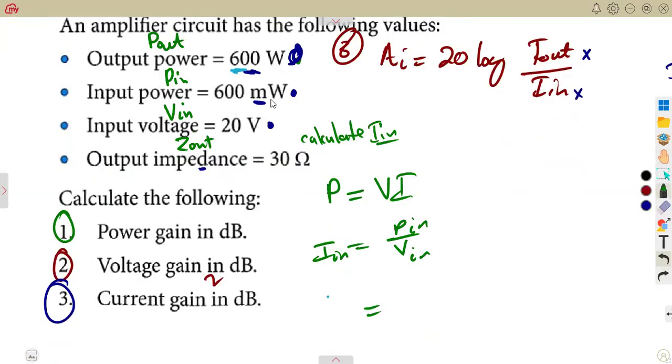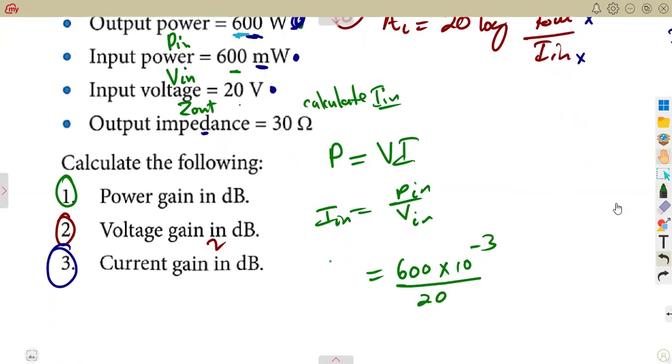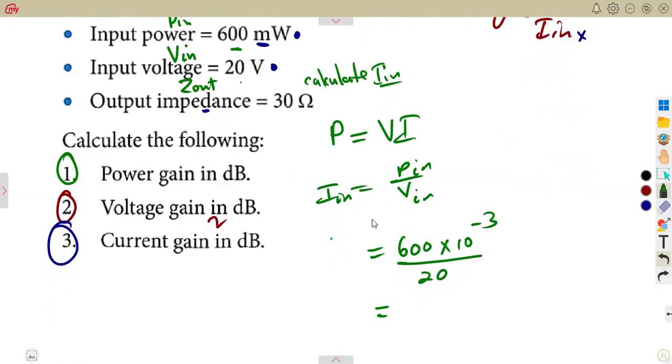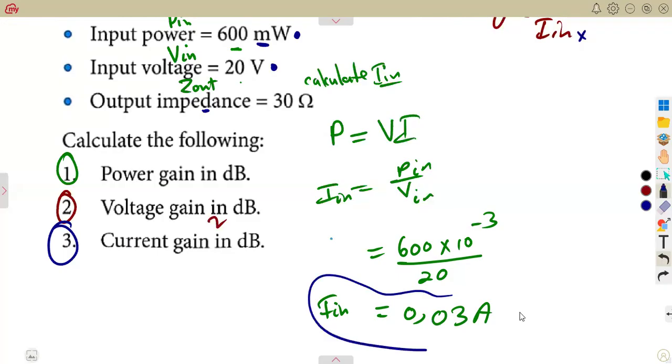The input power is 600 times 10 to the exponent of -3, over the input voltage, which is 20. That gives us the input current, which is approximately 0.03 amps. So we have our values, guys. The input current is there.